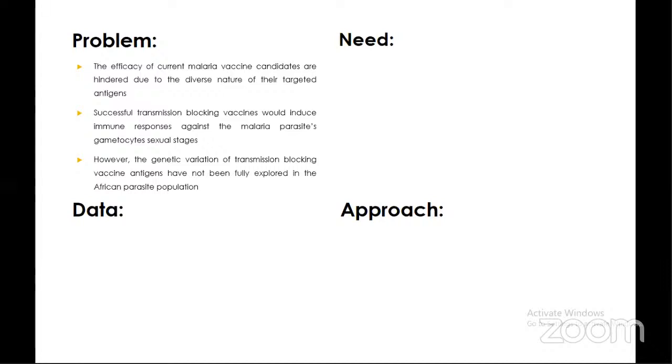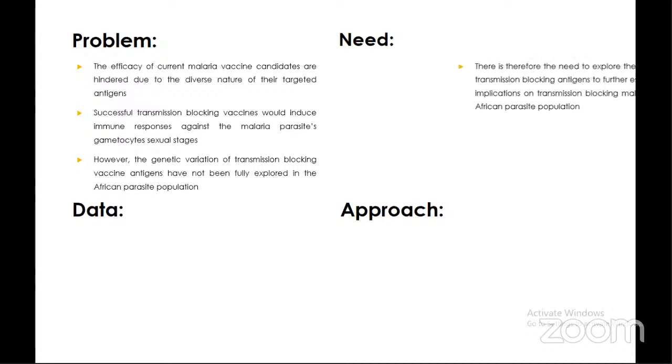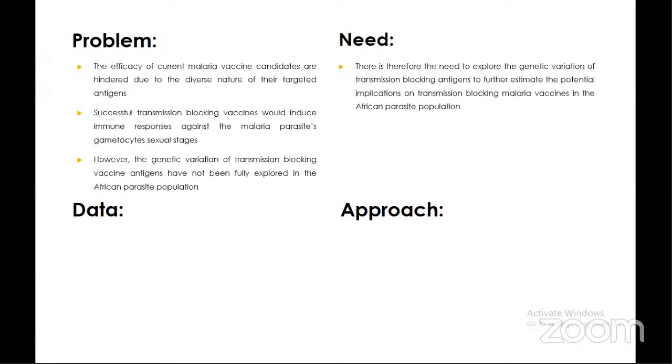However, the genetic variation of transmission blocking vaccine antigens has not been fully explored in the African parasite population. So there is a need to explore the genetic variation of transmission blocking antigens to estimate the potential implications for transmission blocking malaria vaccines in the African parasite population.